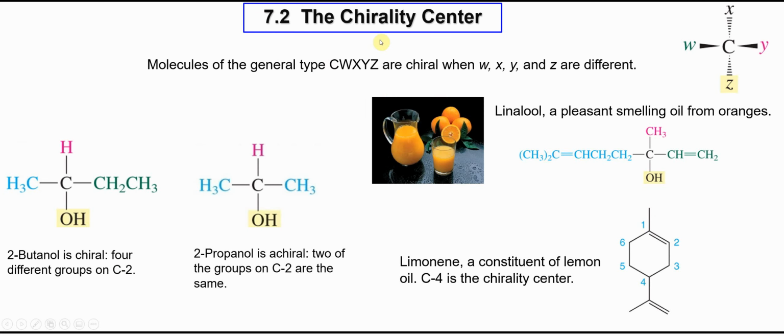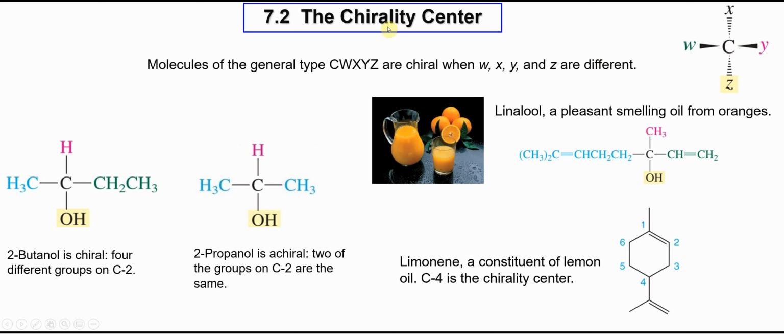In your molecules, you have a carbon which is connected to 4 different substituents, such as a carbon connected to W, X, Y, and Z. All of these substituents are different from each other.